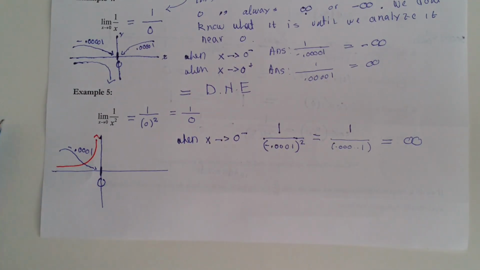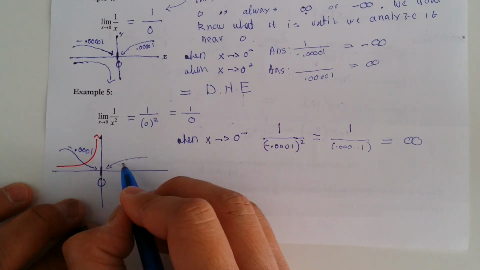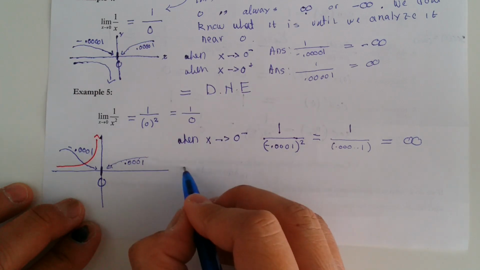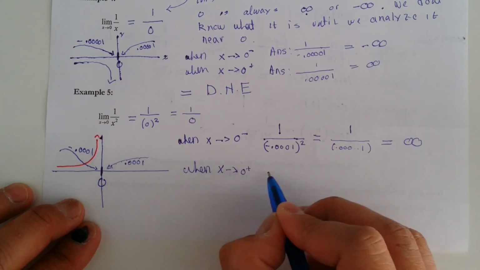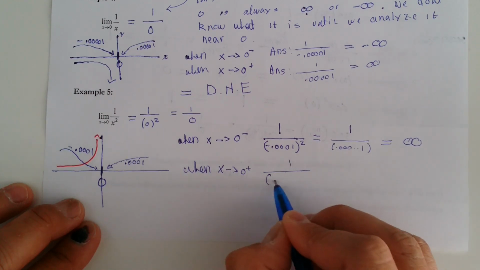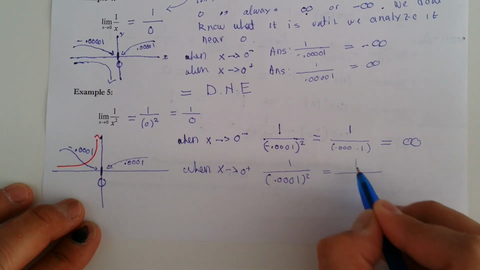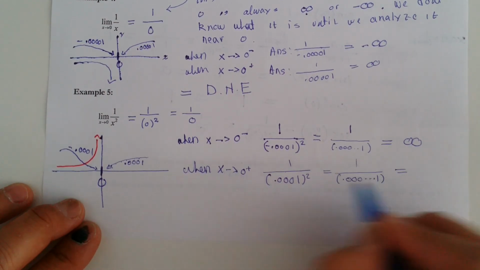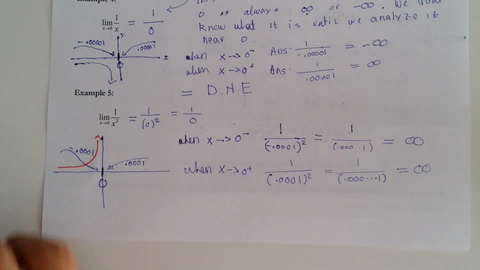Okay. Similarly, when you pick a number near 0 from the right side, let's pick the same number, and hopefully you know what happens here. So when x approaches 0 from the right, you're going to get 1 over that number squared, which is 1 over a really small number, right? Since they're both positive, it's once again going to be infinity.